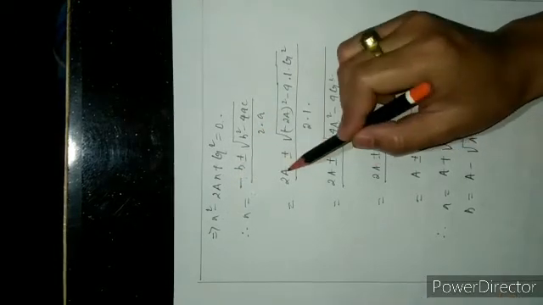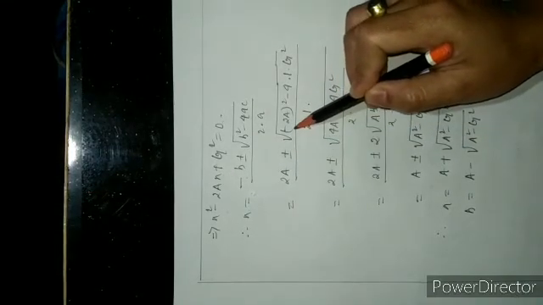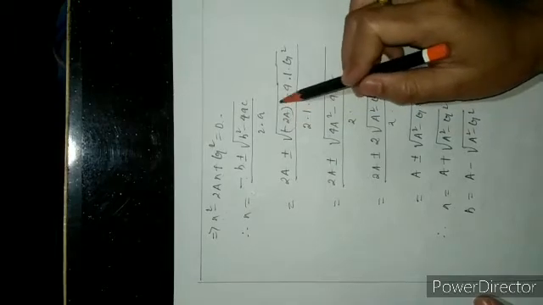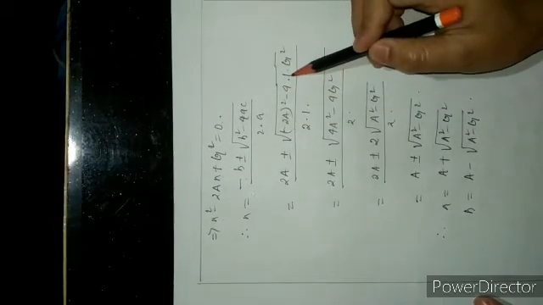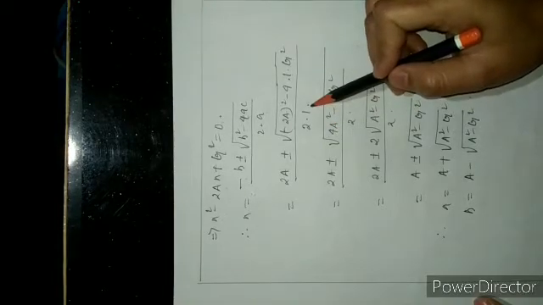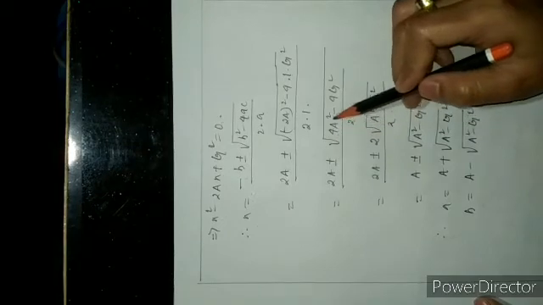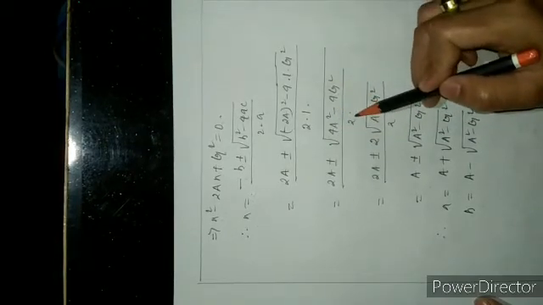Substituting, minus b becomes 2 times A plus minus root over b square, which is minus 2A square, minus 4 times a which is 1, times c which is Z square, divided by 2 times a. That is 2 times A plus minus root over 4A square minus 4Z square divided by 2.